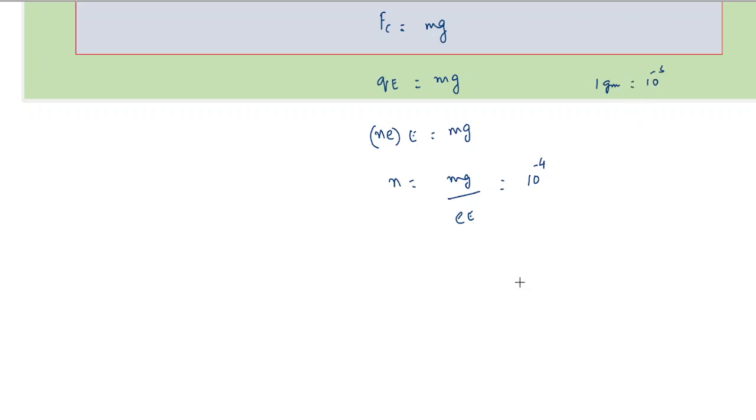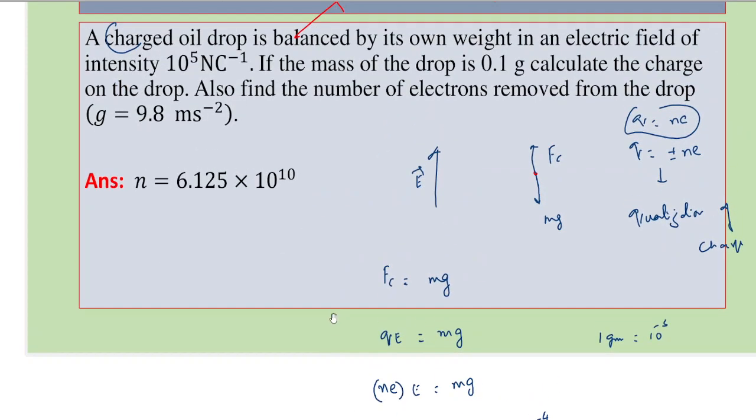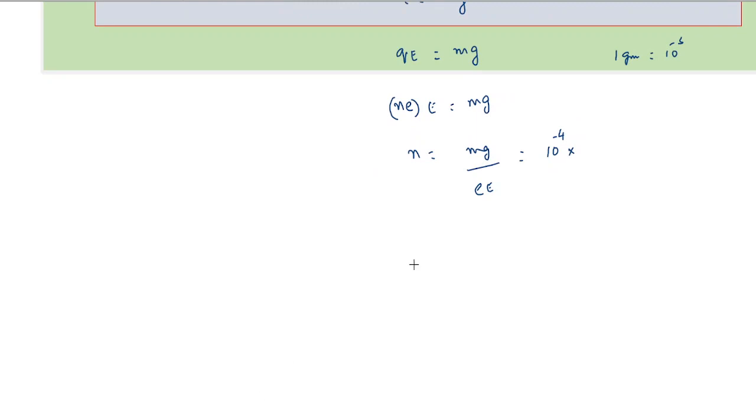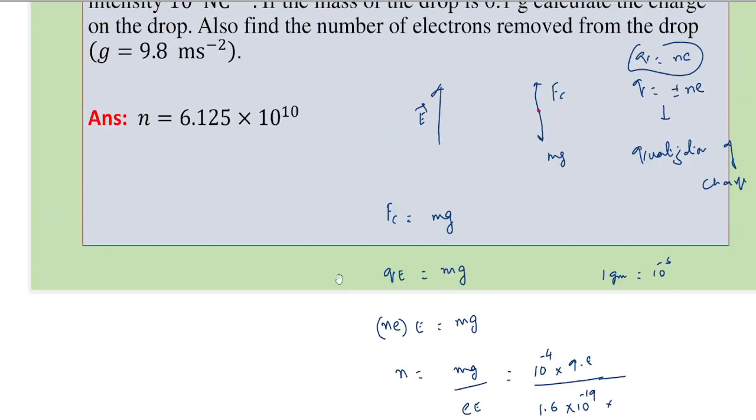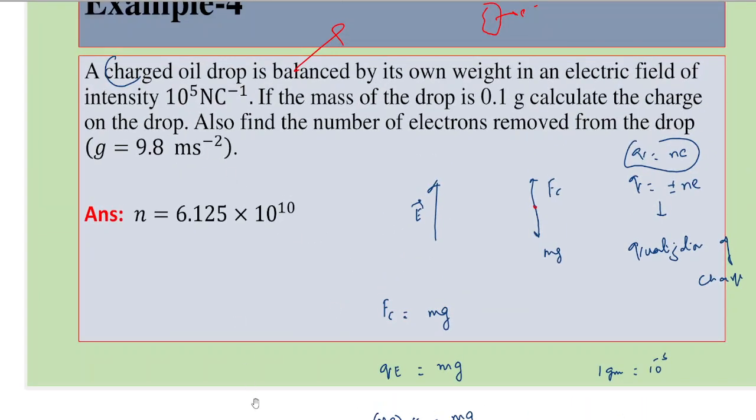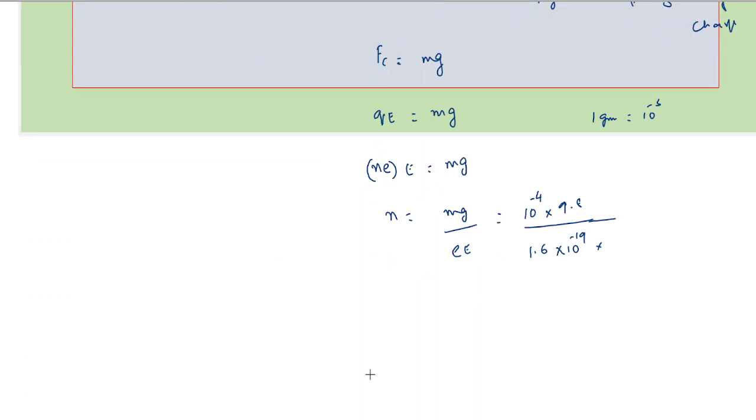So it becomes 10^-4 kg into g, given as 9.8 in this question, divided by the charge of electron, 1.6 × 10^-19 coulomb, into the applied field, which is given as 10^5.